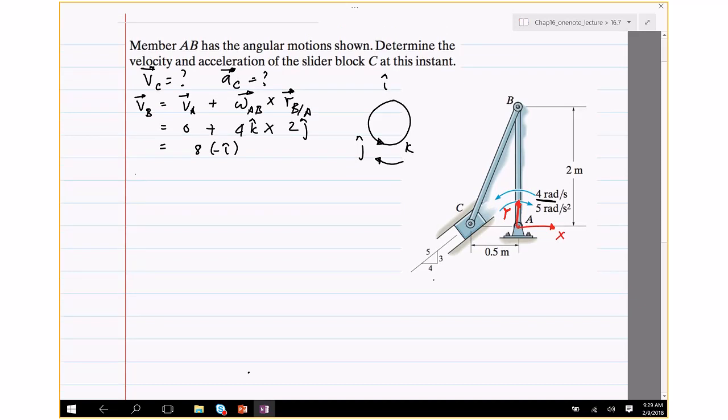So let's find the acceleration of B, which is acceleration of A plus alpha AB cross R_B with respect to A minus omega squared R_B with respect to A. So A is fixed, so acceleration is 0. Alpha AB is shown to be 5. What's the direction?